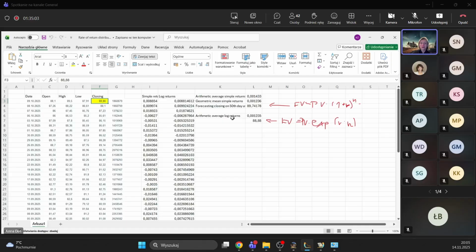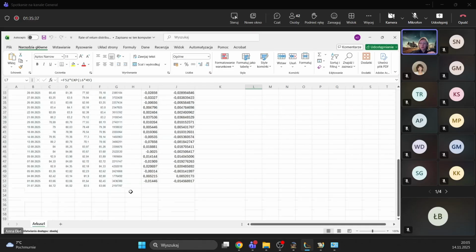Now, how do the log returns work? I calculated log returns. You see the natural logarithm of the relation between future price and earlier price. These are the log returns. I calculated the arithmetic average of the log returns. And here I used the formula for continuous compounding, where the future value is the present value times the exponent of the rate of return times n.